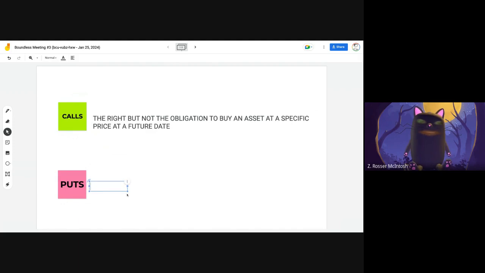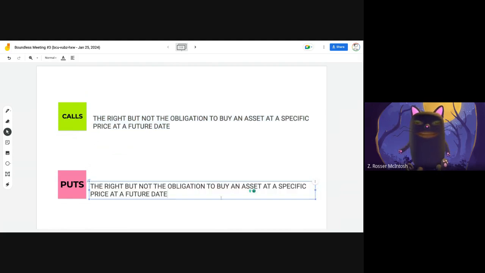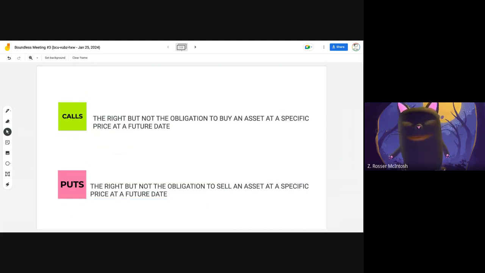A put is the right but not the obligation to sell an asset at a specific price on a future date. I think on would be more correct.